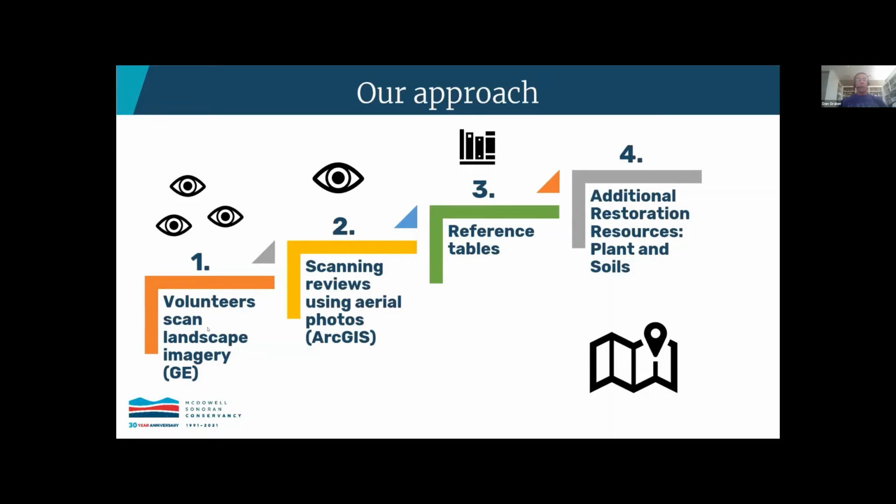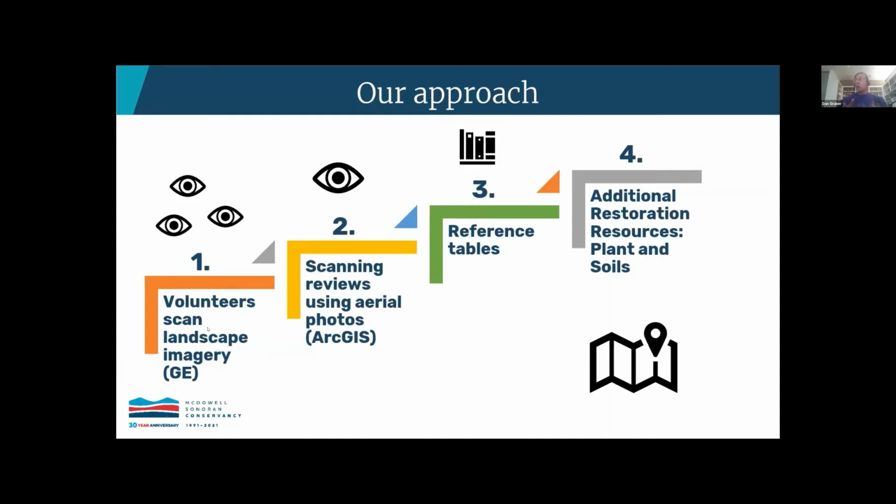The approach has 4 phases. The first phase uses volunteer teams and Google Earth to scan a landscape and do a preliminary identification. Then the second phase is a more detailed review of those preliminary results using high-resolution aerial photos and GIS software.